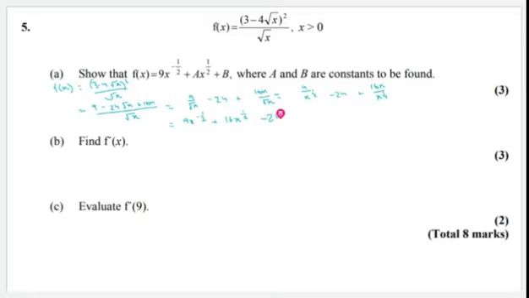And now it's in the form, because your A in this case is equal to... what's your A equal to? A is 16 and B is minus 24. That's it. You got it.